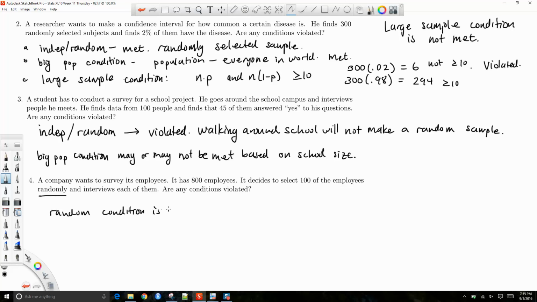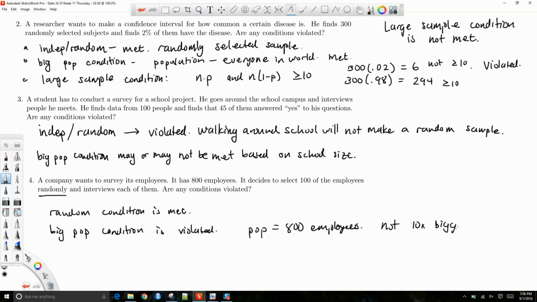But the big population condition is violated, because the population is 800 employees. This is not 10 times bigger than the sample of 100. So in this one, it's clear that the big population condition is violated.